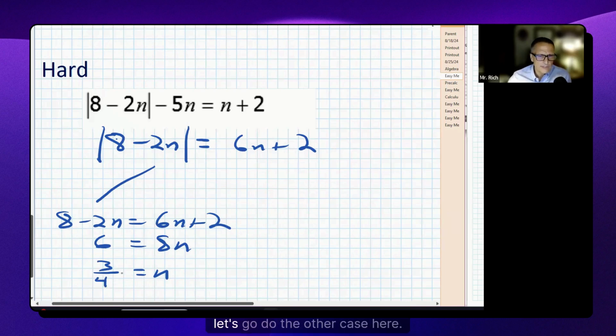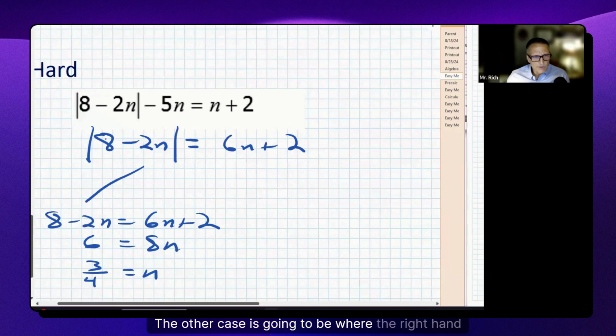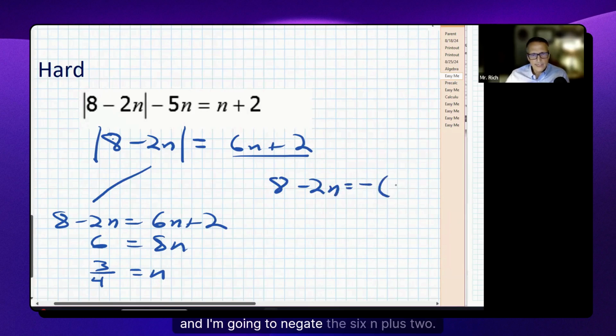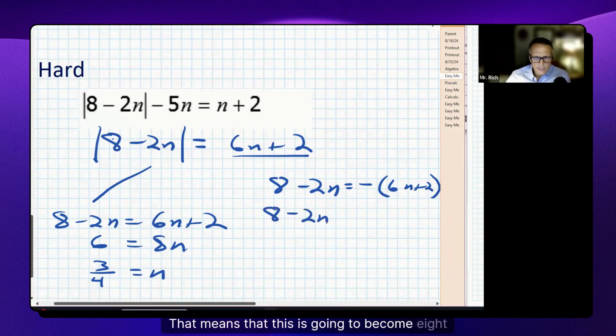Now let's do the other case here. The other case is going to be where the right-hand side here is going to be negated. So it's going to be 8 minus 2n. And I'm going to negate the 6n plus 2. So I put a minus in front of it. That means that this is going to become 8 minus 2n equals negative 6n minus 2.